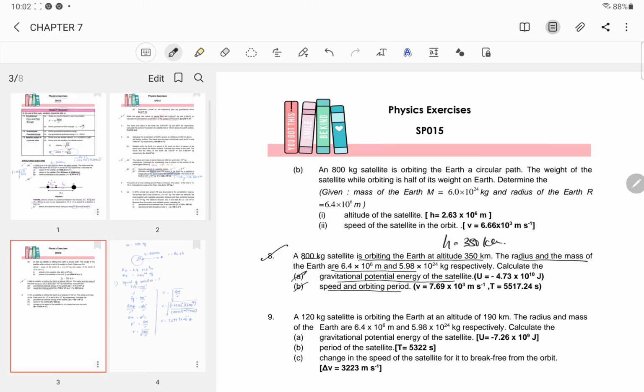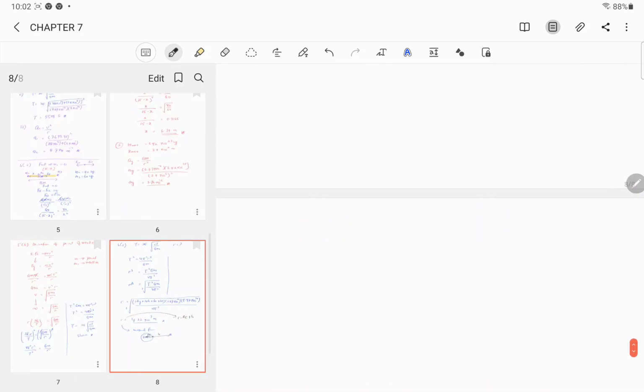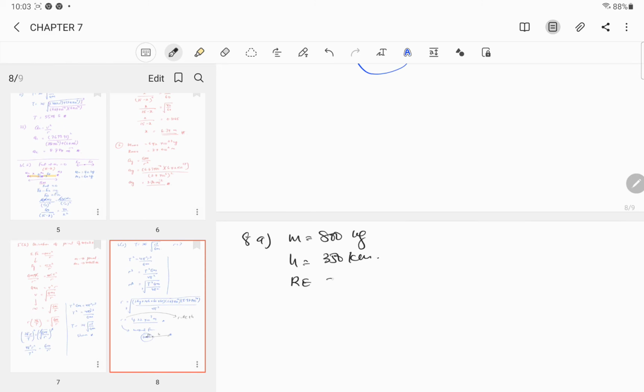Okay, let's look at 8A. The mass is 800 kilograms. The altitude is 350 kilometers. The radius of Earth given is 6.4 times 10 power of 6 meters, and the mass of Earth given is 5.98 times 10 power of 24 kilograms.